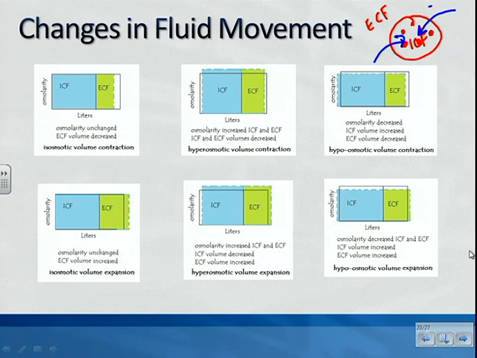Where are we? Middle top? Yes. But no. Something's not right, because it says ICF and ECF decrease, but it should be ICF going up, ECF going down. It's driving me nuts.